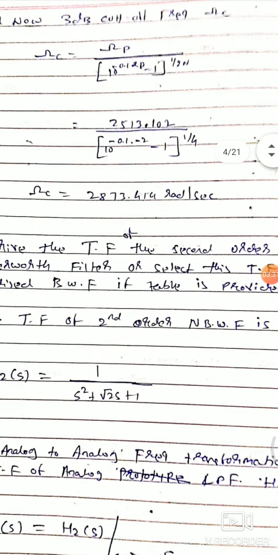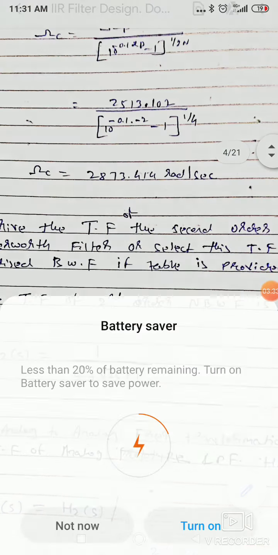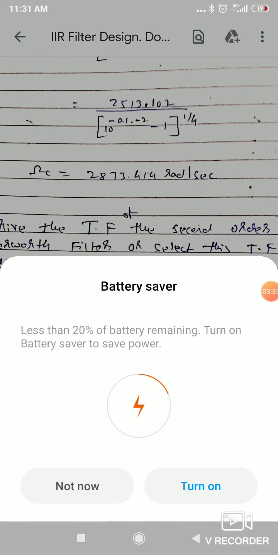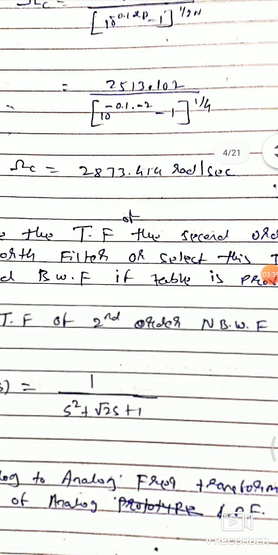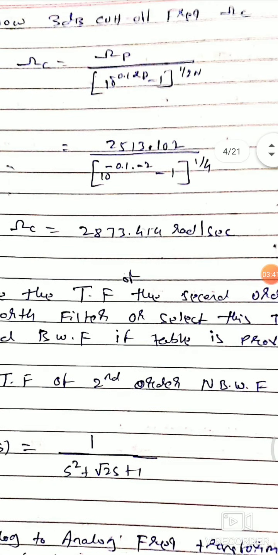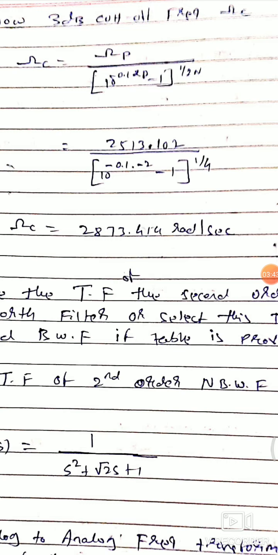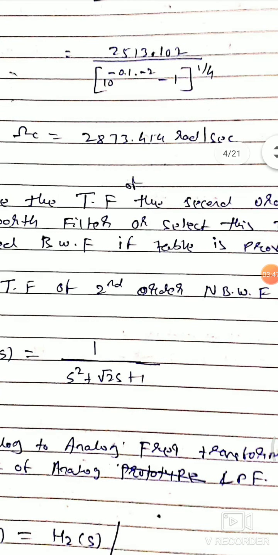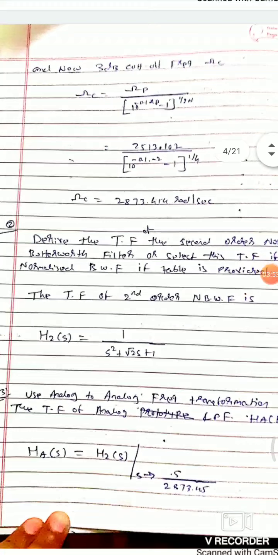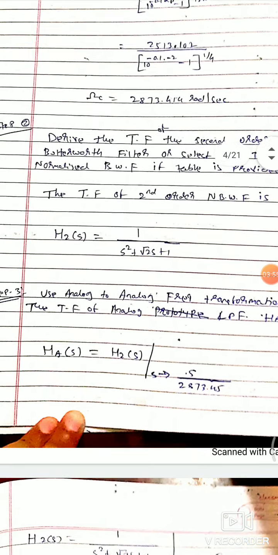You know the omega p value and the alpha p value. Substitute them, and you get the cutoff frequency omega c as 2873.414 radians per second, which is the cutoff frequency of the filter.